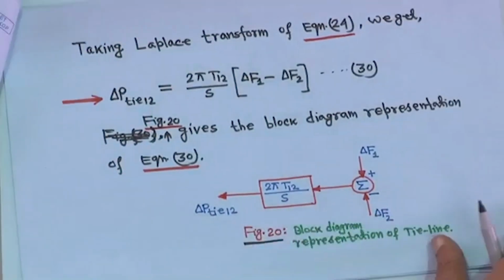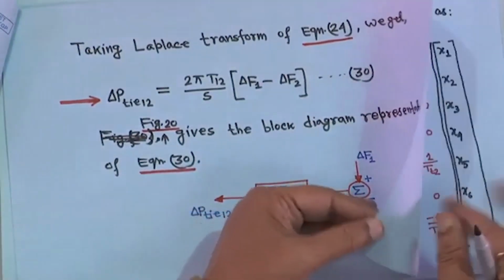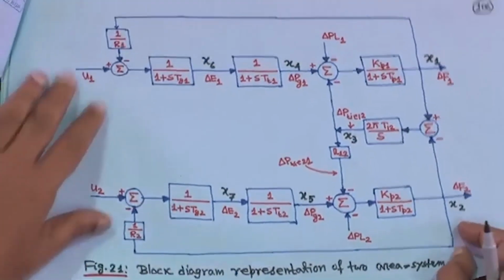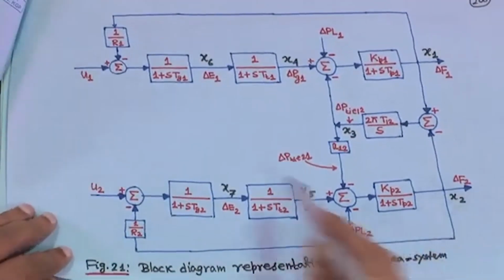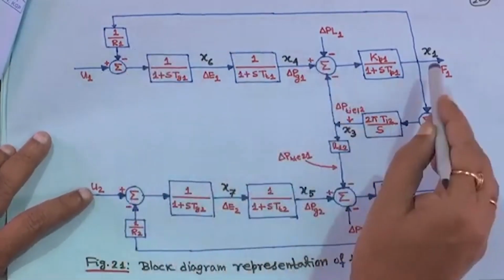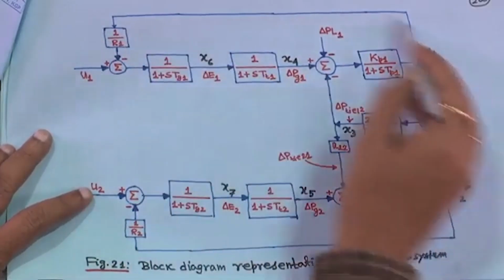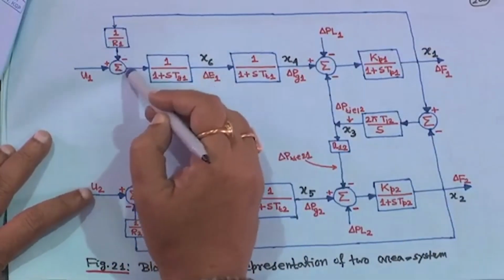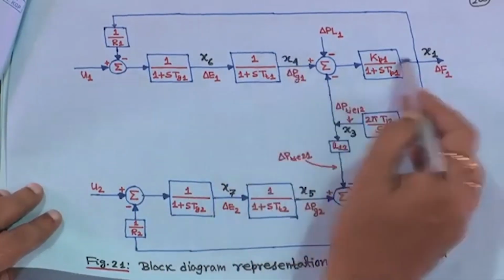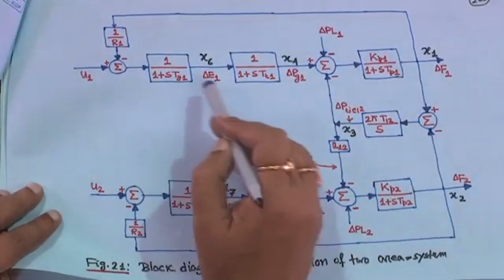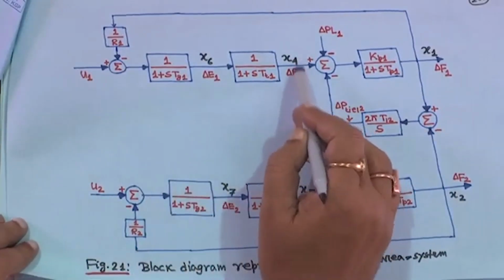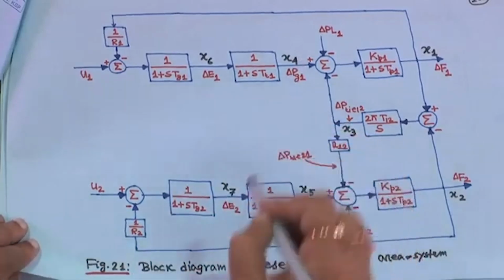Now, if you make the complete block diagram of the two area system, then it will be like this. This is area 1, this is the control signal U1. For the isolated system you have seen delta F coming to 1 upon R, then minus feedback here, but here it is area 1. So, delta F1 is coming here to 1 upon R, this is for a non reheat turbine only, because if I put one more block for reheat I cannot accommodate it here.